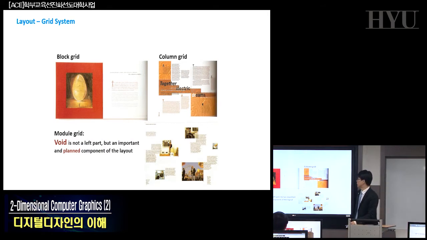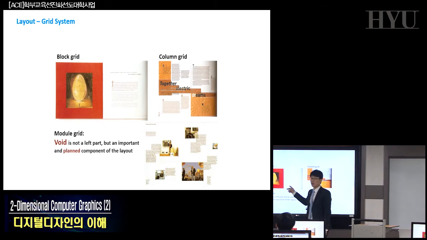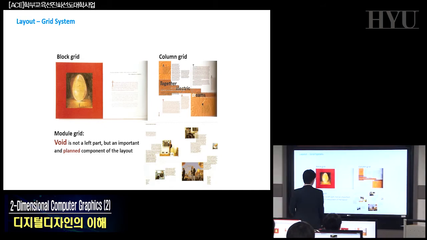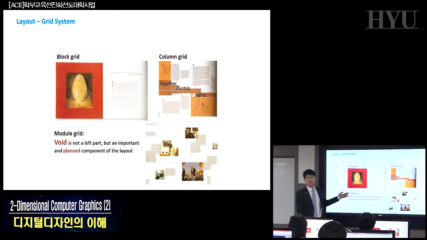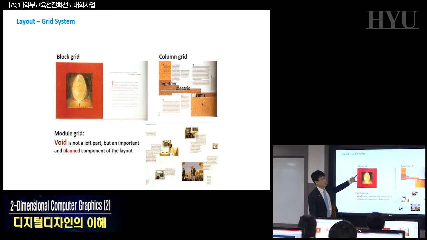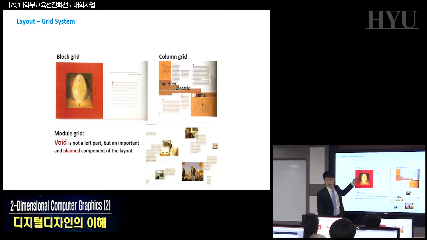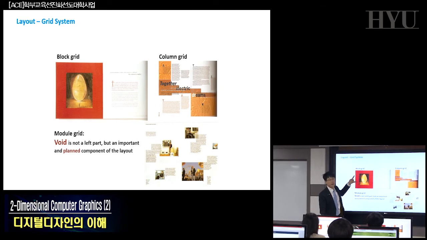The first one, grid system. We consume a large amount of this kind of media when we read books or printouts, flyers, and so on in our daily life. Take a look at this book, rectangle shape and divided, and there is a rectangle shape with a red color background.